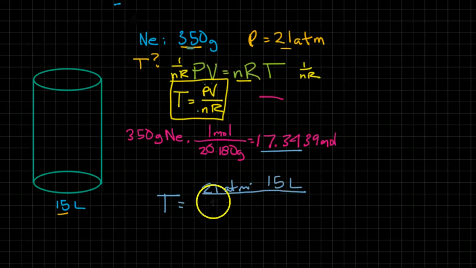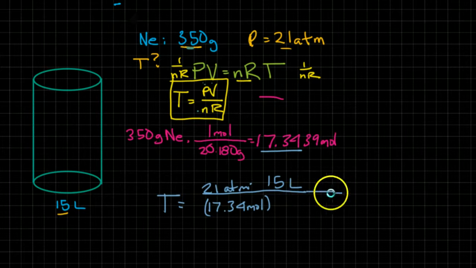And I'm going to divide that by N. The N is this number, so that's 17.34 moles of neon. And then the last thing I'm going to do is multiply that by the universal gas constant, which, in the units we're looking for, is going to be 0.08206.